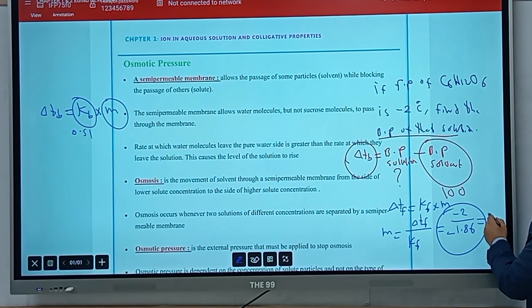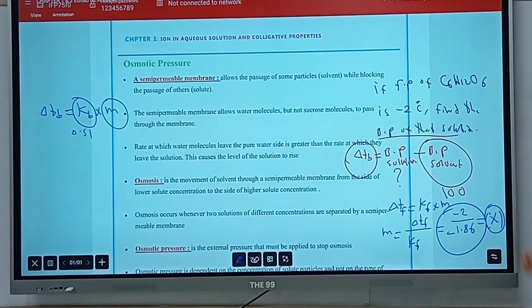equal to a value, guys, 1 point something, okay? Anything, as I have no calculator to calculate it. X, this is the value of the molality.